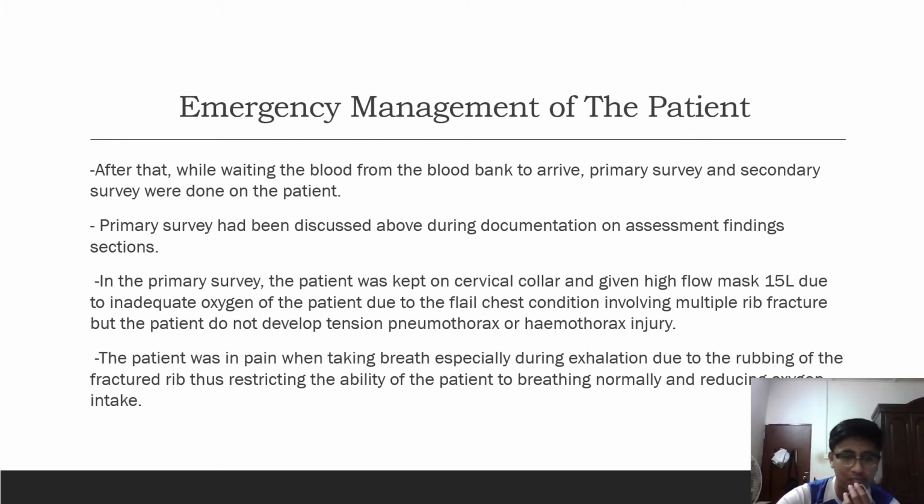In the primary survey, the patient was kept on a cervical collar and given a high-flow mask at 15 liters due to inadequate oxygenation from the flail chest condition involving multiple rib fractures, but the patient did not develop tension pneumothorax or hemothorax. The patient was in pain when breathing, usually during exhalation, due to the rubbing of the fractured ribs, thus restricting the ability of the patient to breathe normally and reducing oxygen intake.